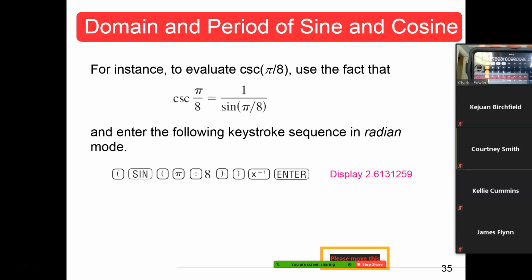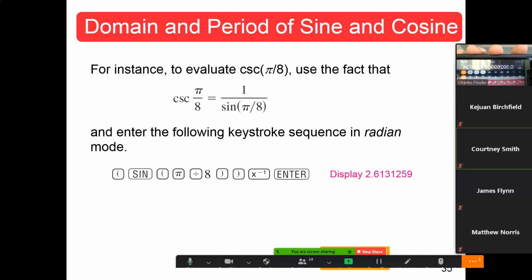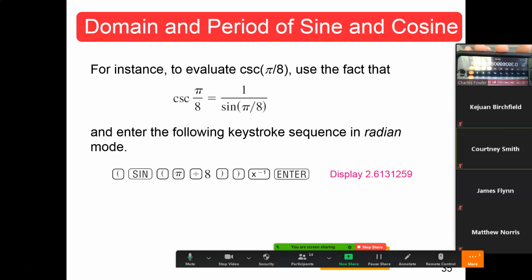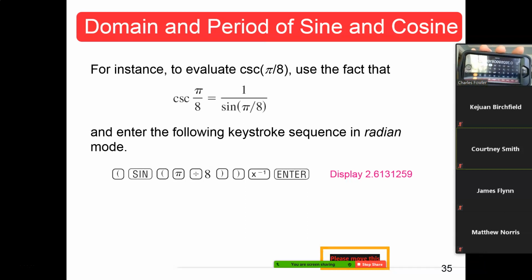Now, since I'm doing pi over 8, there's no degree sign. I'd better be in radian mode, and sure enough, I am. That should have been the first thing I looked at. I forgot to mention that, but it needed to be. So there you have pi over 8. Now I press the sine key. There's the sine key right there.